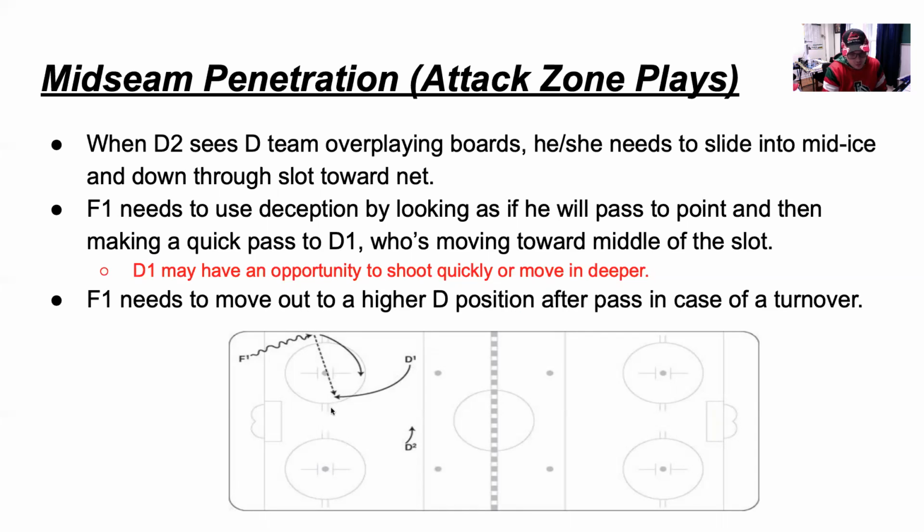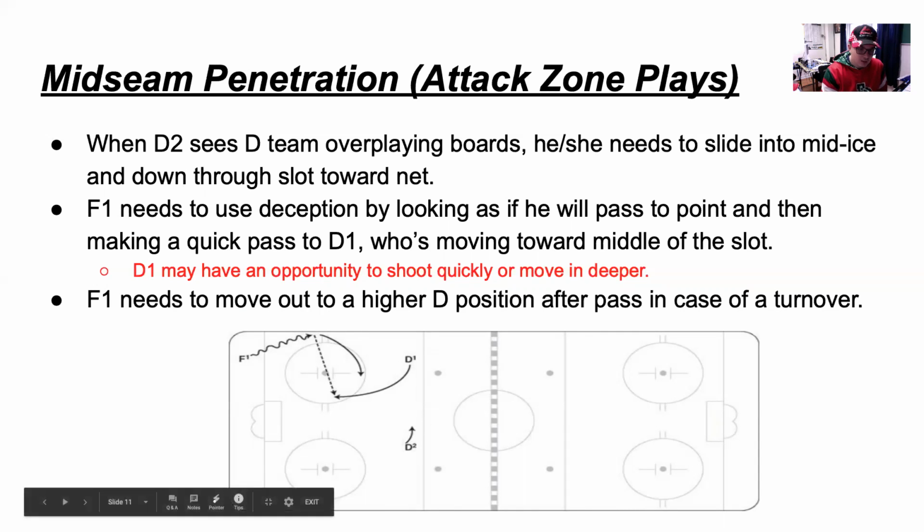Slot is where those 4 lines are in the offensive zone with those red circles, okay? And in this scenario, the D1 may have an opportunity to shoot quickly or move in deeper. So that opens up that space for that D to move in. And F1 needs to move out into a higher D position after the pass in case of turnover. So let me demonstrate this, okay?